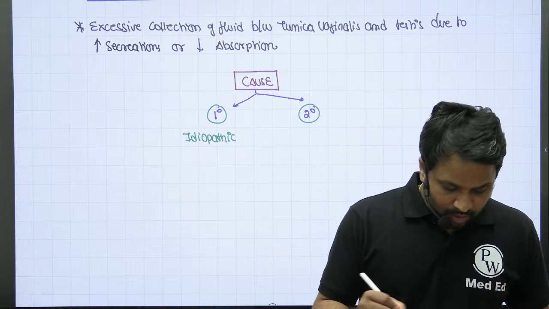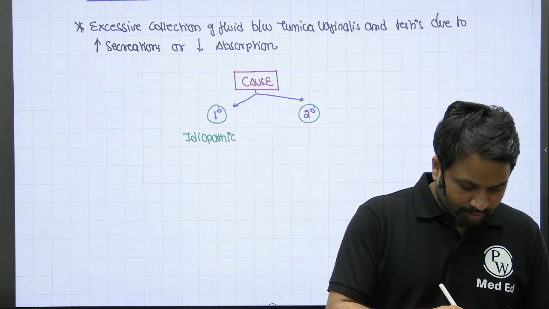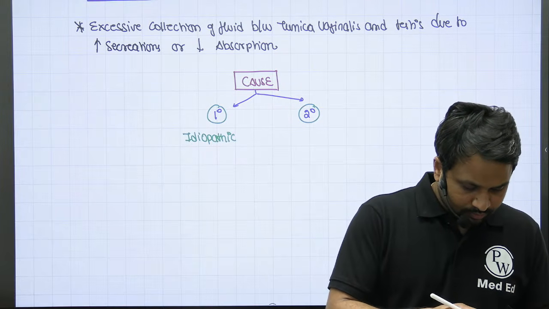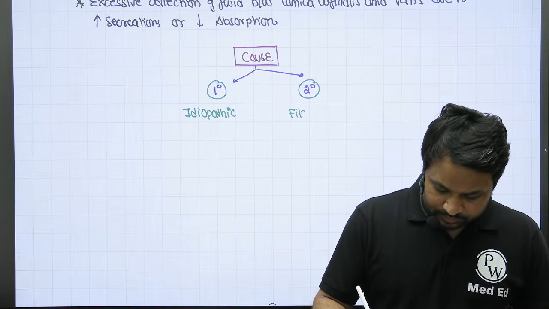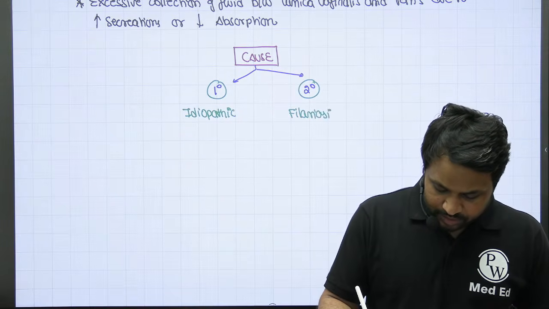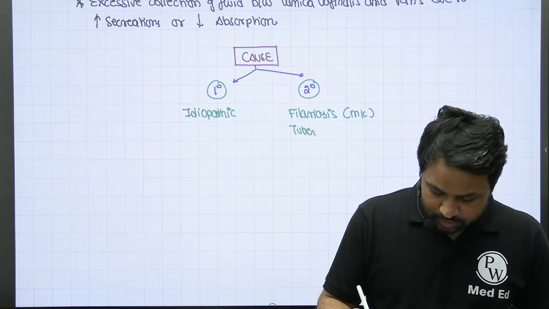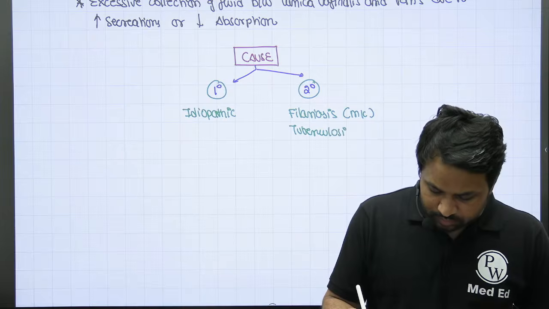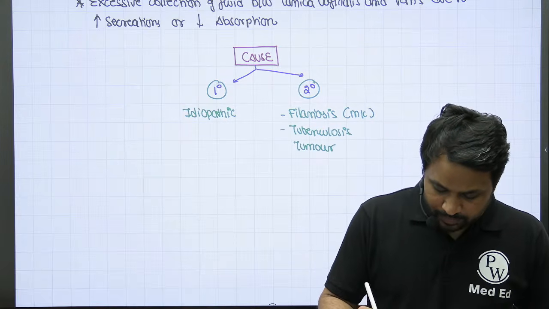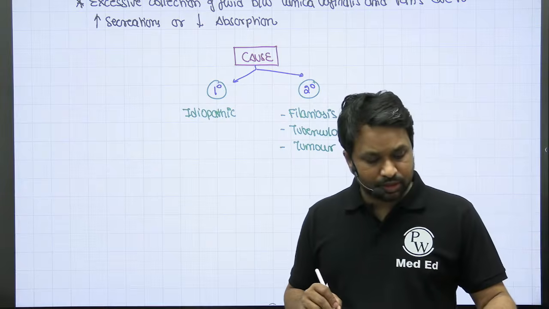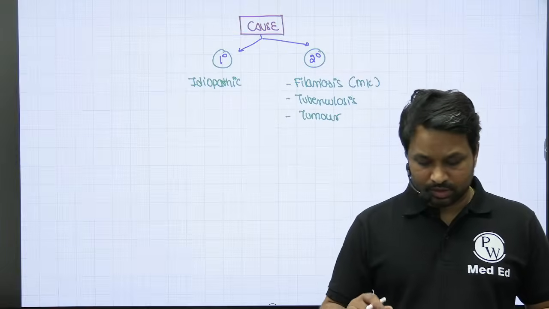The secondary causes for hydrocele: filariasis, which is the most common secondary cause, then tuberculosis, and then tumor. So filariasis, tuberculosis, and tumor will result in hydrocele.